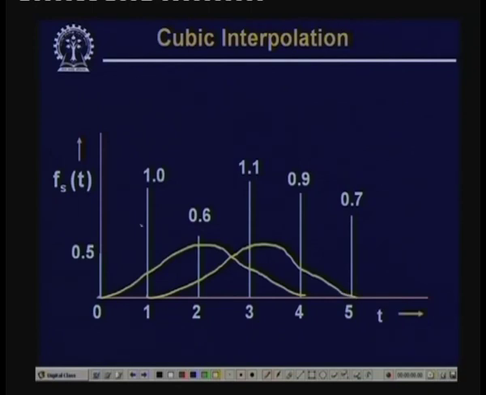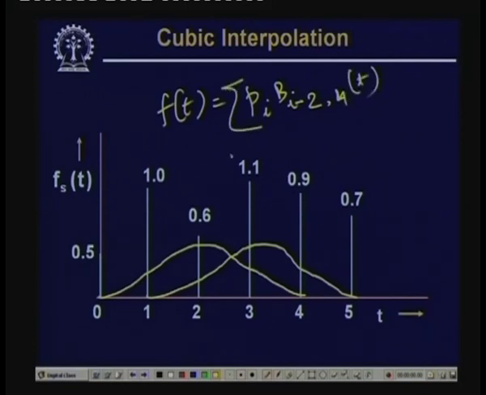So, the nature of the region of support will be something like this, and again by using the same formulation, that is f t is equal to summation of p i b i minus 2 in this particular case, with k equal to 4, I can find out, taking the summation for i equal to 0 to n, what will be the value of f t for any particular time instant t or any arbitrary time instant t.